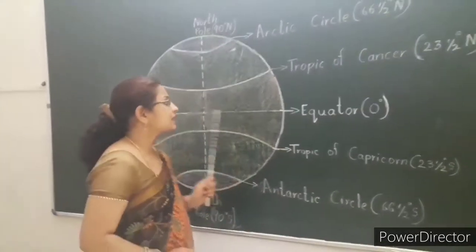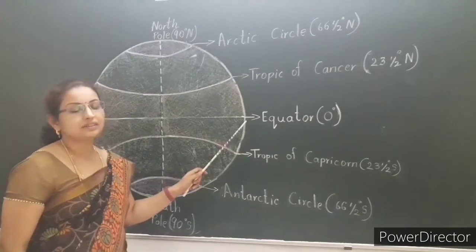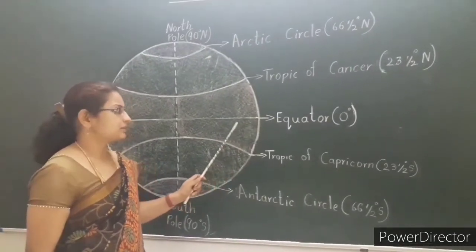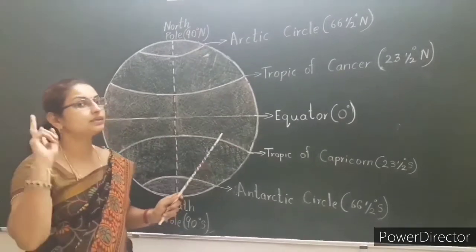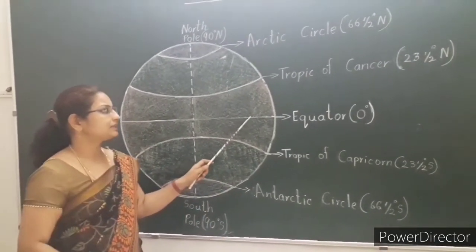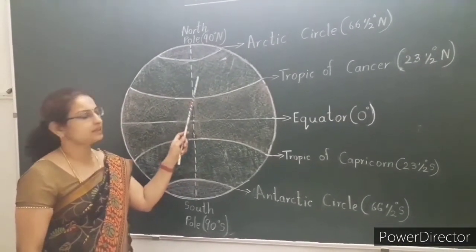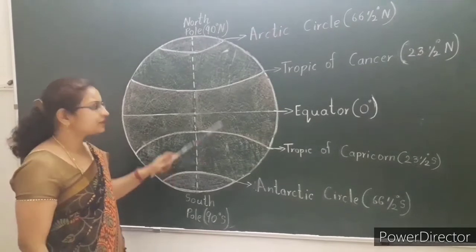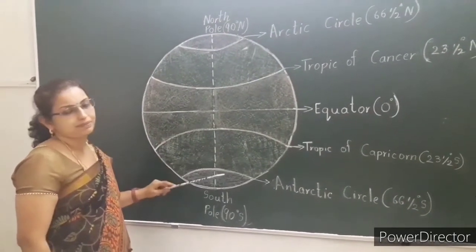In that, the equator is the most important. The equator is the longest latitude. The equator divides the Earth into two equal parts. The part of the Earth above the equator is called the northern hemisphere. The part of the Earth below the equator is called the southern hemisphere.